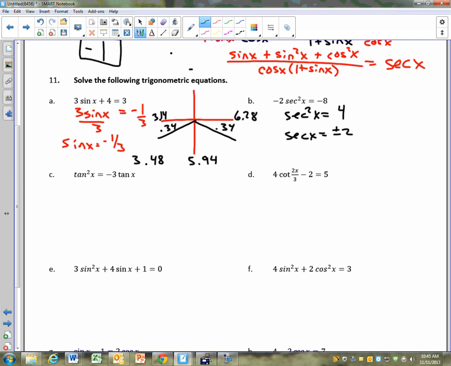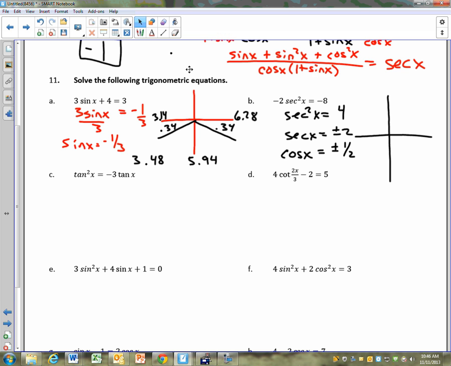No, so we're going to instead do cosine is equal to plus or minus 1 over 2. Where's cosine positive? First and fourth. Or is it negative? Second and third.